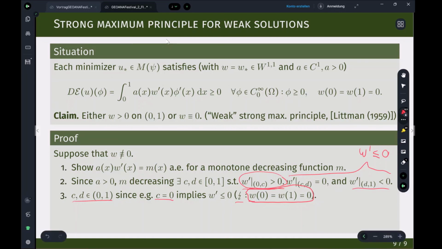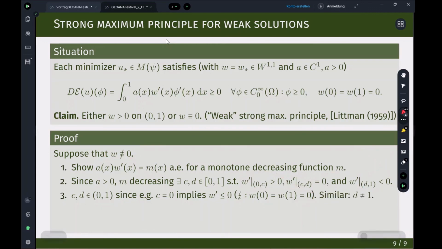But this is a contradiction, since we assumed that W is not equal to 0. And in the same way, one can show that D is smaller than 1, yeah? So C equals 0 was ruled out like so, and D equals 1 can be similarly ruled out, because then one has only those two regions left, and so forth.